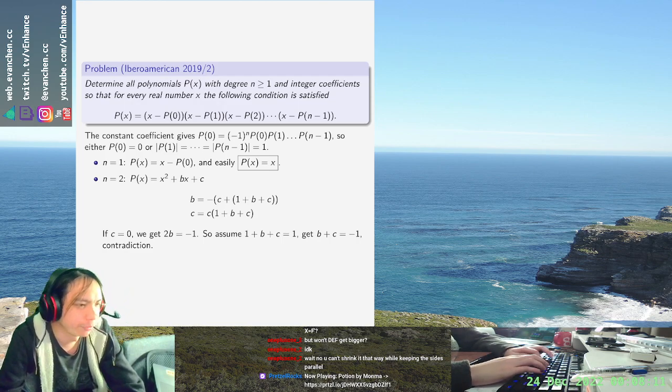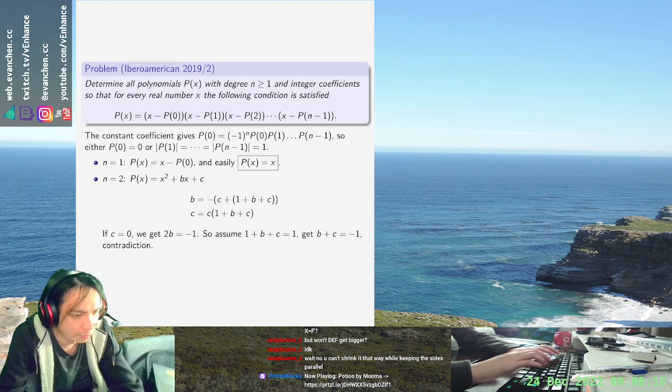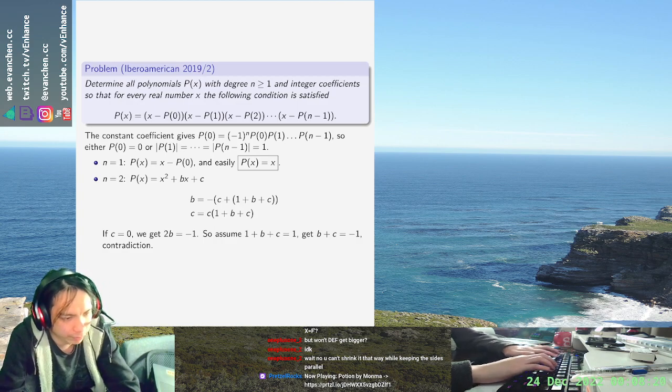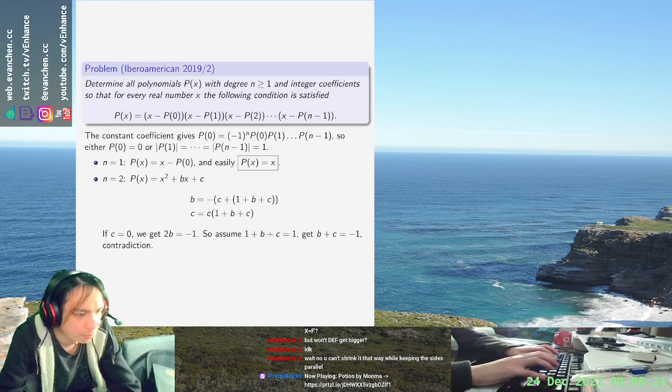I want to bash n equals 3 just because I want to see what will happen. Yeah, well, we'll just find out. I want to know. So b is equal to the negative of the sum of the values. So for n equals 3, it's 0, 1, 2. So d plus 1 plus b plus c plus d plus a plus 4b plus 2c plus d.